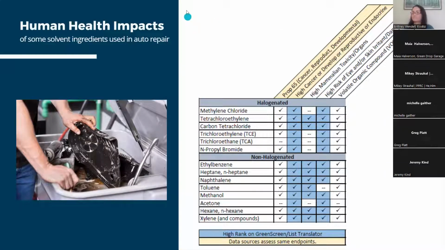Thank you, Brittany. This is a little bit of a complicated chart. I'll try to explain it really briefly. So the halogenated products we talked about earlier include the chlorine, bromine, and fluorine. And as Brittany mentioned, the chlorinated are the ones that we're quite concerned about because they're still prevalently used in the auto industry.